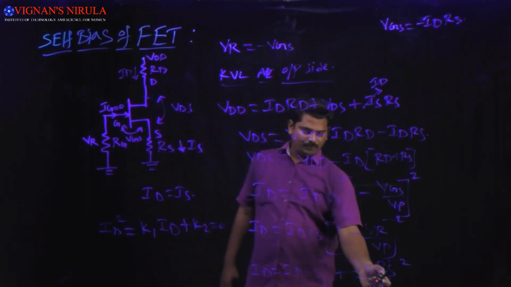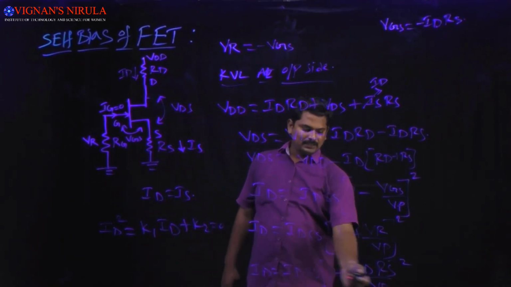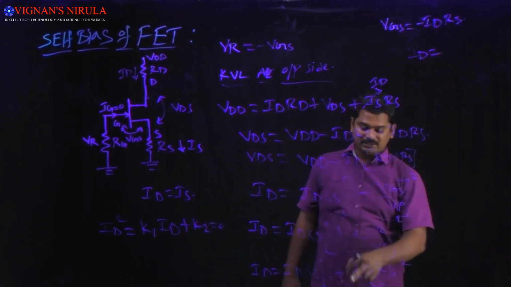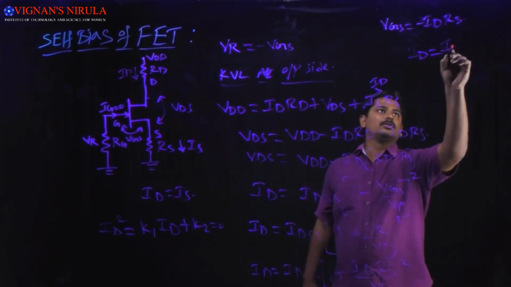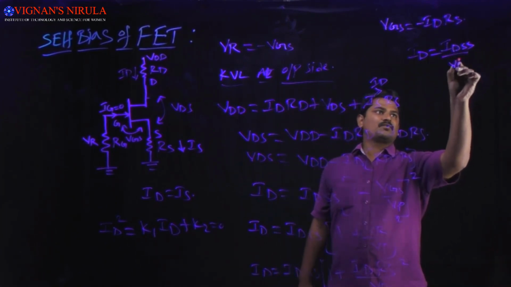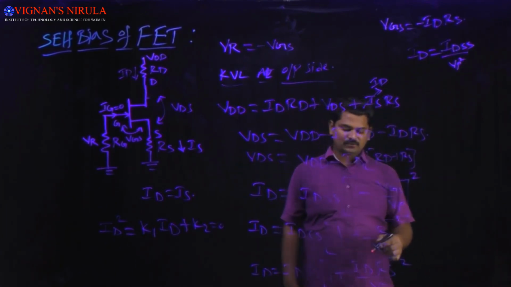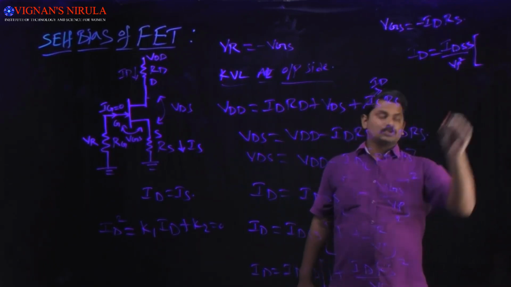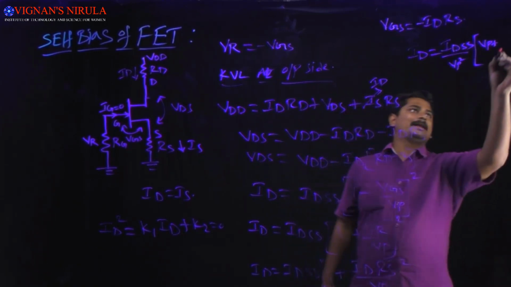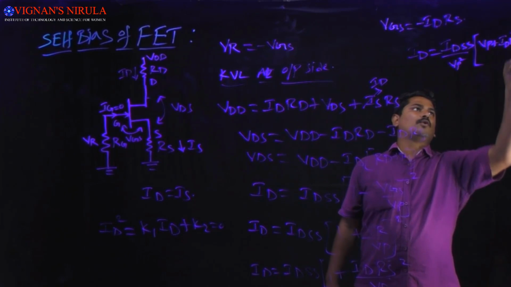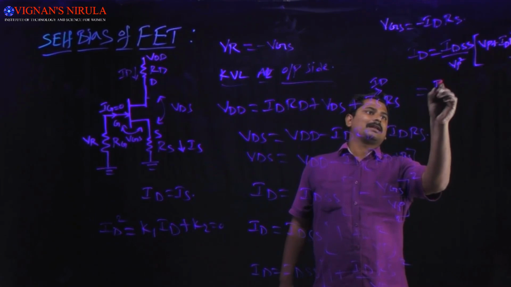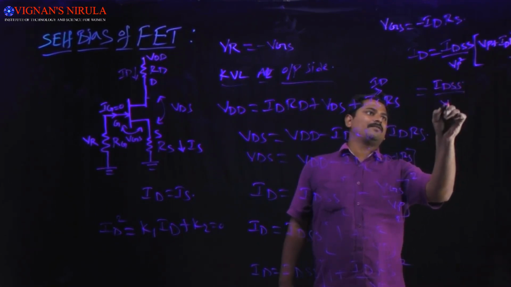From the equation above we can write ID equal to IDSS divided by VP square, into (VP plus ID RS) whole square.